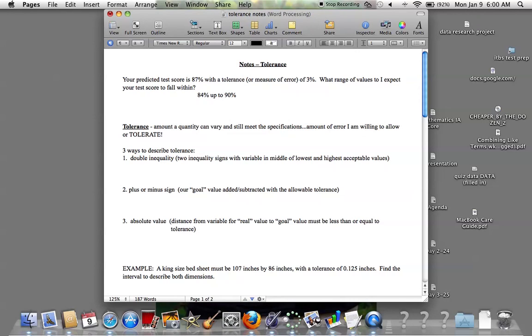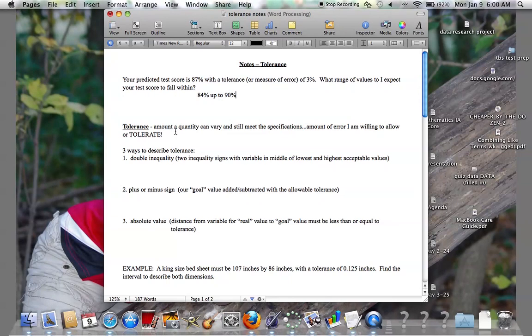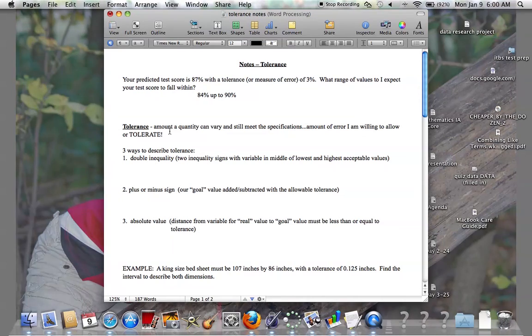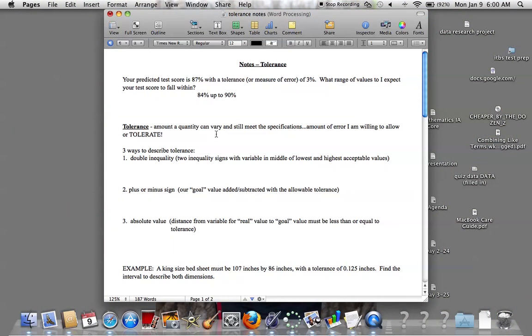So that 3% means I can go below my goal of 87 by 3% or above my 87 by 3%. This whole idea is what we call tolerance. Tolerance is the amount a quantity can vary and still meet the specifications. So I could vary in the above problem by 3%, but still meet the specifications of being a measure of error of 3%.